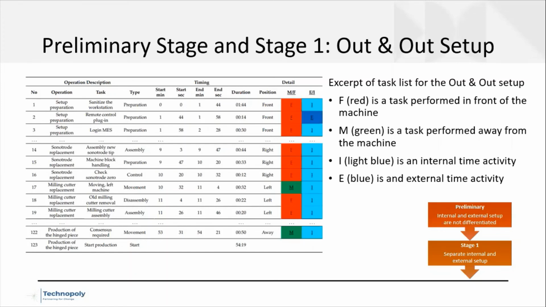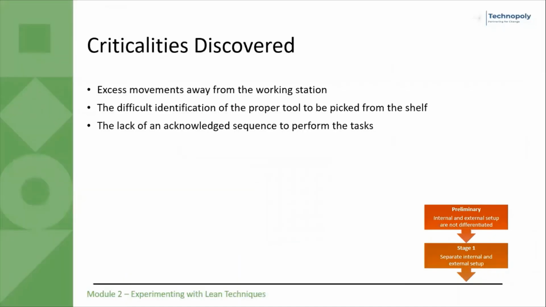The analysis of the as-is state highlighted the opportunities of introducing some changes in the current setup process. They discovered that there were excess movements away from the working stations. There was difficulty in identification of the proper tools to be picked up from the shelf, and there was a lack of acknowledged sequence to perform the tasks.